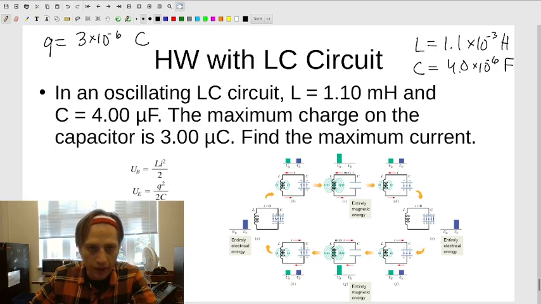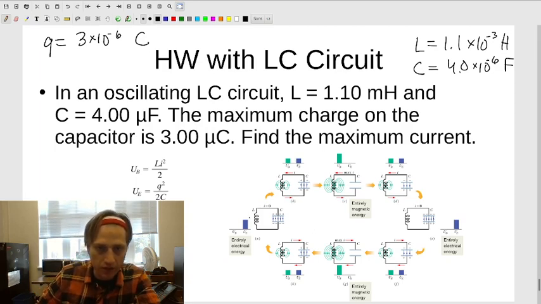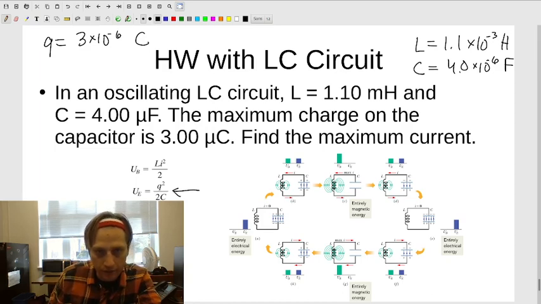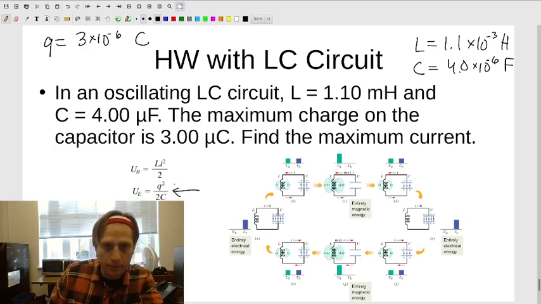Okay, so my hint to you on this type of question is that if they give you the maximum charge, they have given you essentially the maximum electric energy. But they want you to find the maximum current. The maximum current is going to occur when you have all of that energy transferred over into magnetic energy.